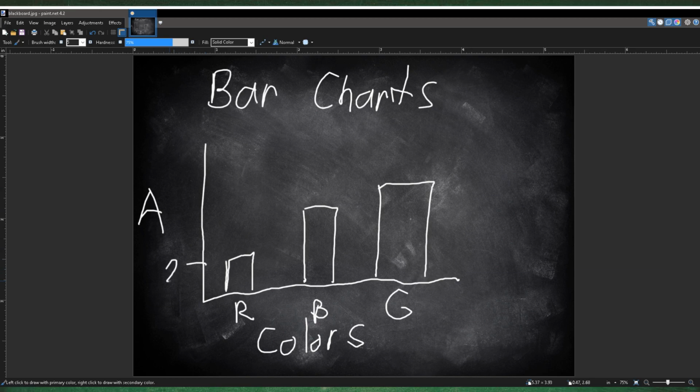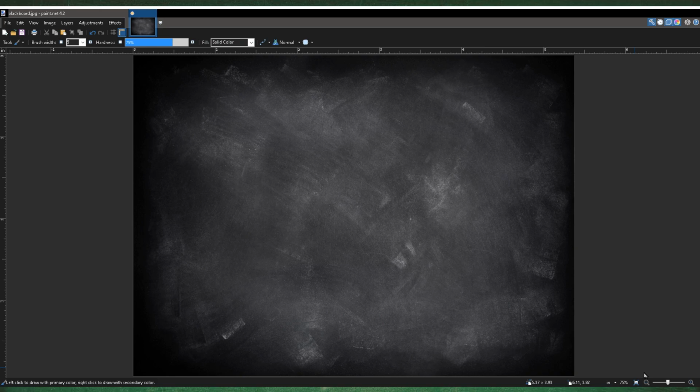So you have a 2 here, 4, 6, etc. So this one will be 2 because right here is at 2. Right here is 4. This one's 6, so it's a little bit below it, so it's at 5. So that's how you do a bar chart.